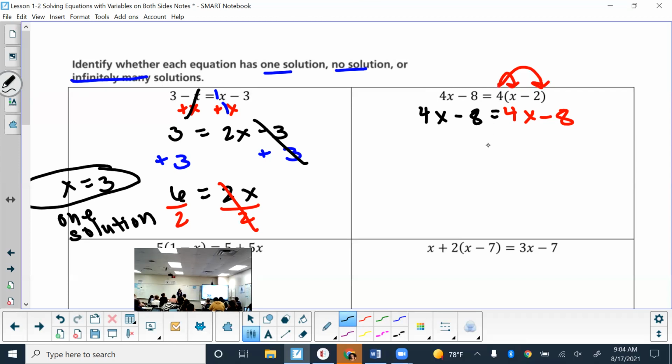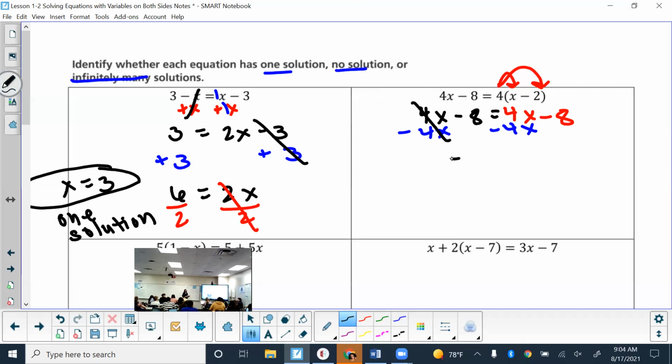So do I have any like terms that I need to combine? So then I need to move one of these variables. Do you want to move the one on the left or the one on the right? All right, so subtract 4x on each side. What happens on the left side?